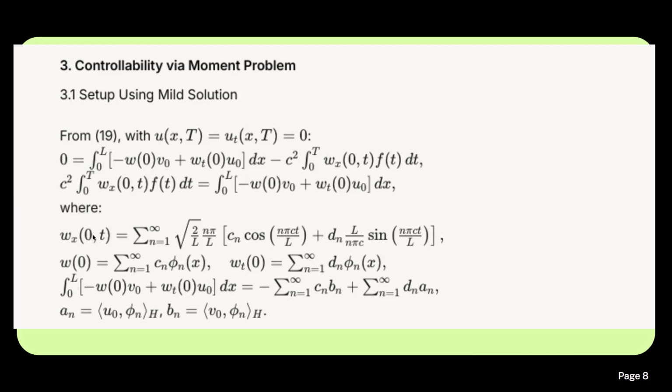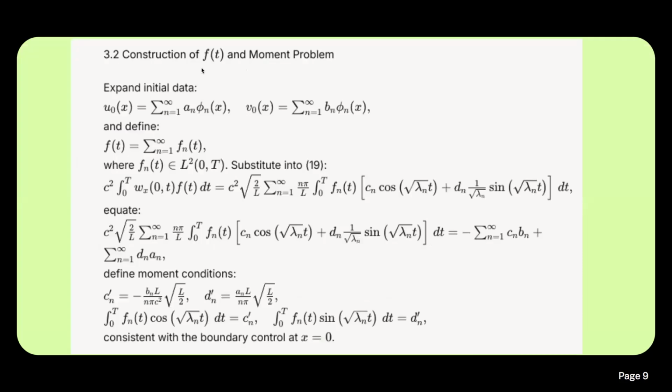Remember we have W(x,t), then we put W(x,t) and do one time derivative to the W, and we got W_t(x,t). We put x equals 0, then we get this W_x(0,t), this part. This is lambda M t, okay? Then W0 is this part, Wt0 is this part, okay? Then we will have this part.